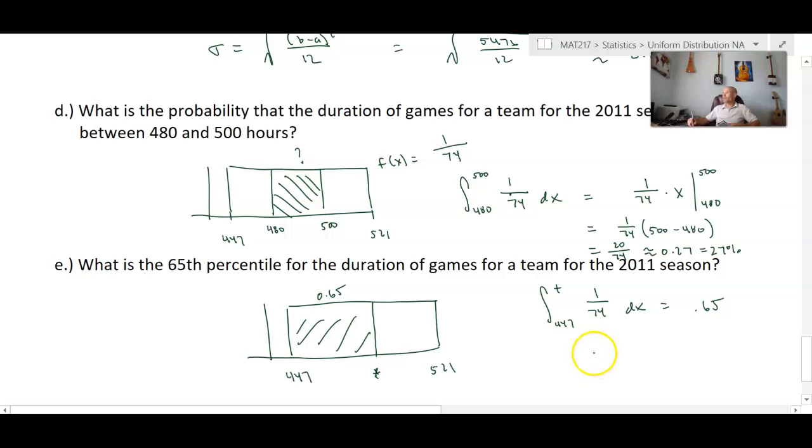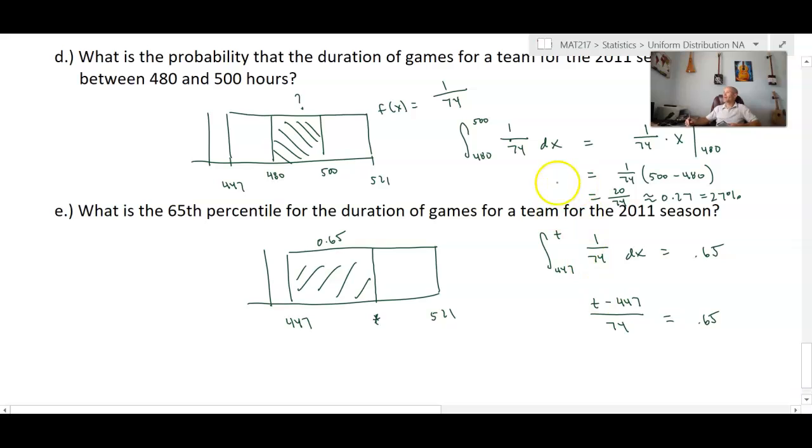And so that will just be t minus 447 divided by 74. And we want that to equal 0.65. So I've just saved having to do maybe 1 or 2 steps here. And now I can solve for t by multiplying by 74 and then adding 447. So I get t is equal to 495.1.